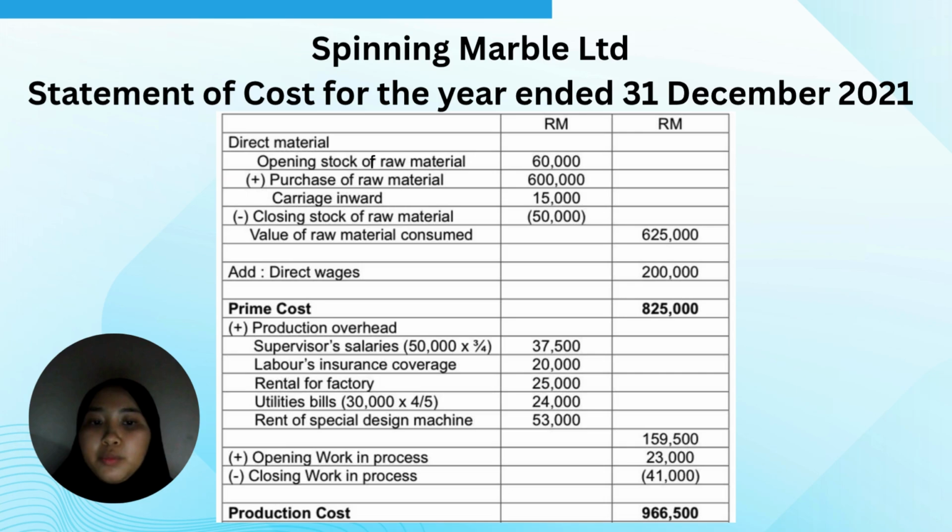So for the total production cost, we should add 825,000 with 159,500 plus 23,000 minus 41,000. So we get 999,500.